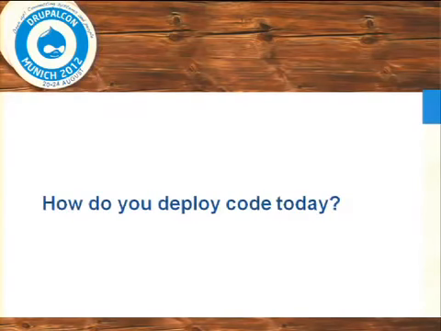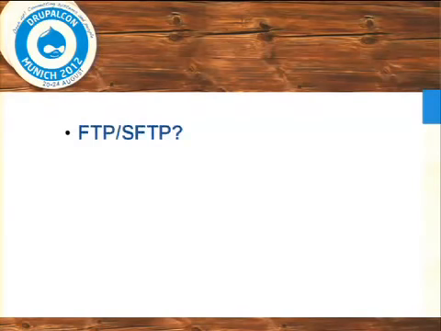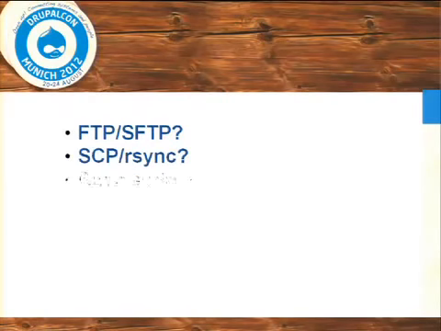So I guess we'll start with how people are deploying right now. Hopefully not that. Definitely not the first one. SCP or rsync, well, it's not a whole lot better, but you're probably on a command line. That's a good start. Bash scripting, well, that's kind of one step before you realize that that's not enough, and maybe you want to use some sort of framework like Capistrano or Fabric or something.